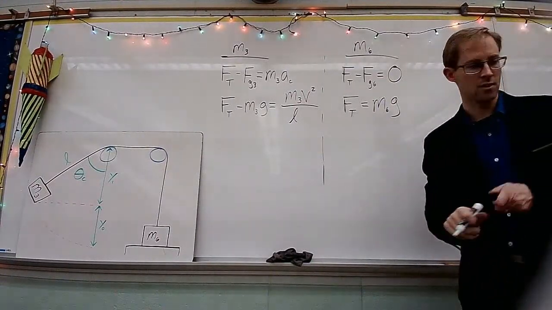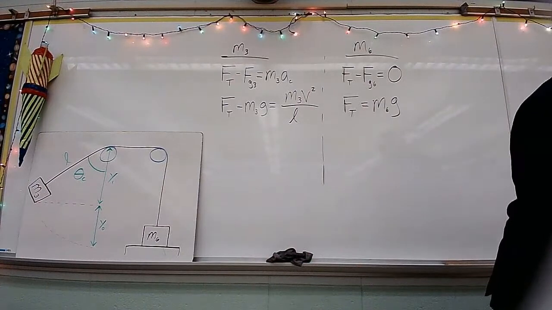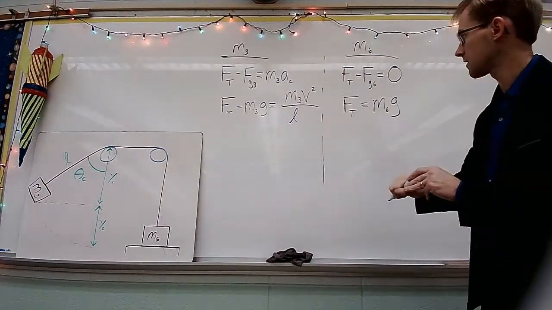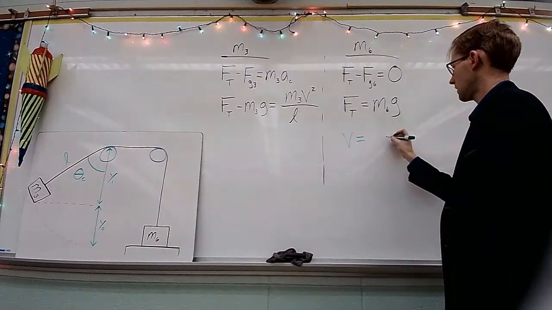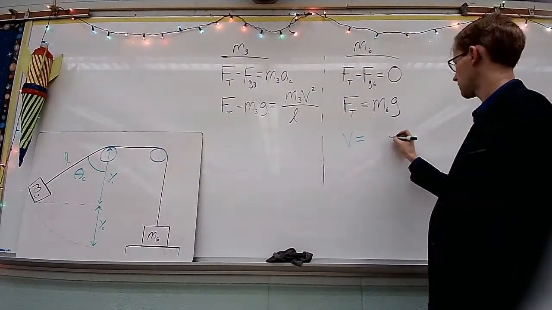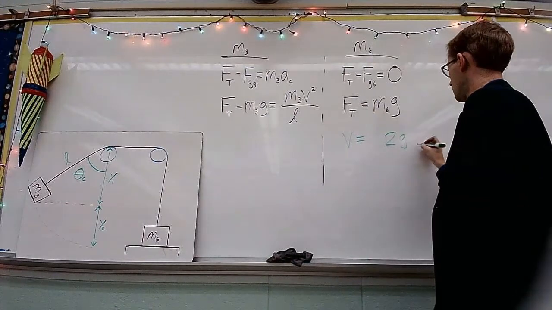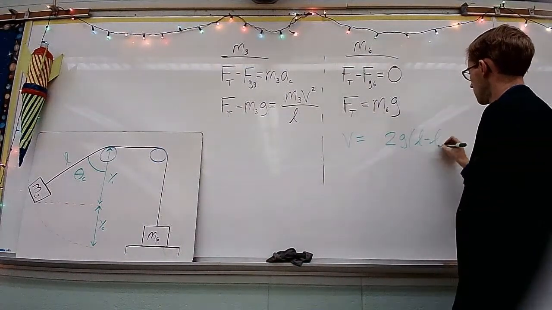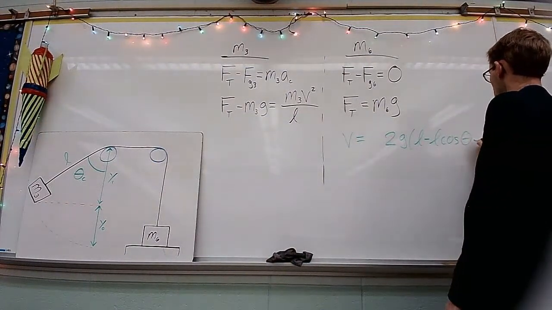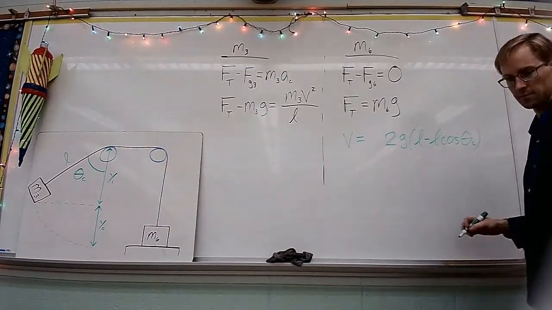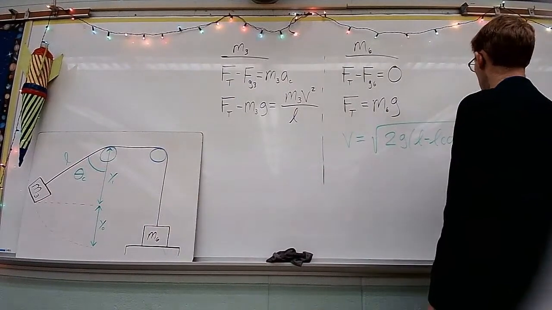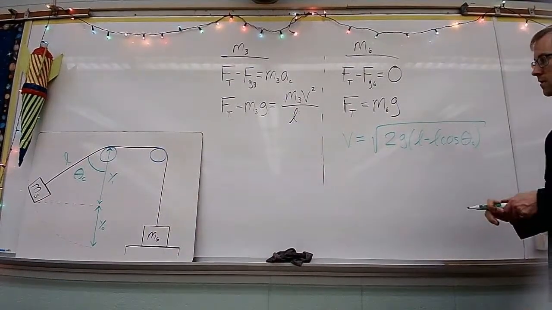And as you probably were chomping at the bit to do before, remember from the last part that our velocity is equal to the square root of 2GL minus L cosine theta C. So, here's what we're going to do.